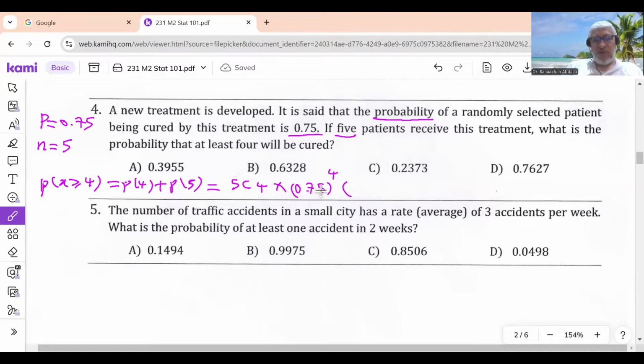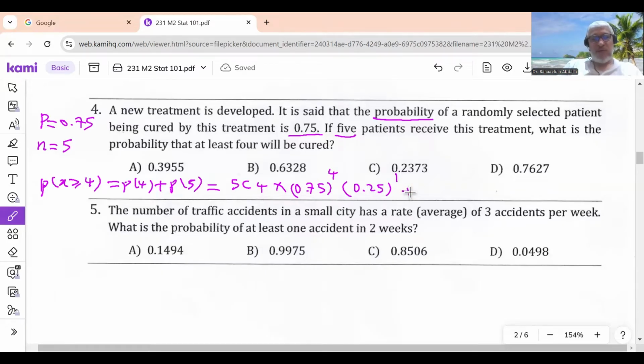P is the probability of success because he is asking about cured. Cured here is success. 1 minus 0.75 is 0.25, to the power 5 minus 4, which is 1. There is no need to write 1, or just write it, okay? So this is the probability of 4.